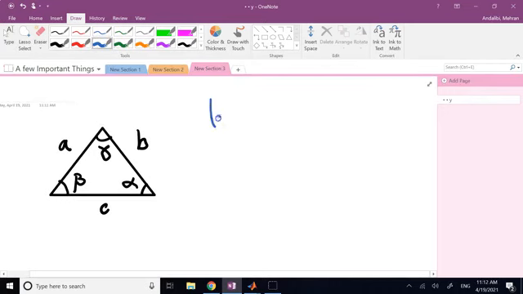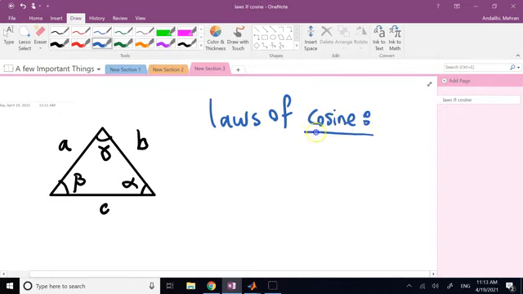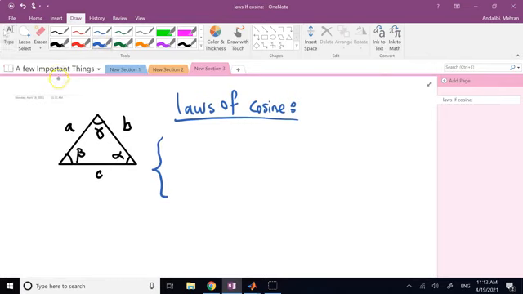Now, the laws of cosine for this triangle says, there are three of it. It says any side squared, the length of any side squared, let's say A squared is what?